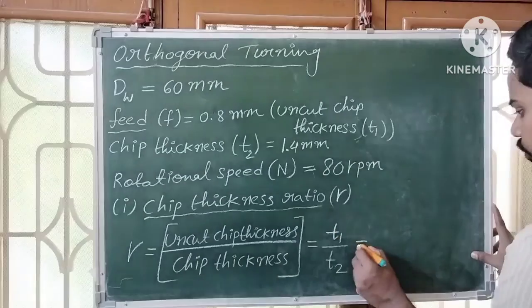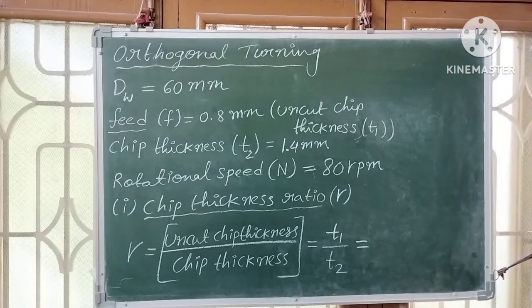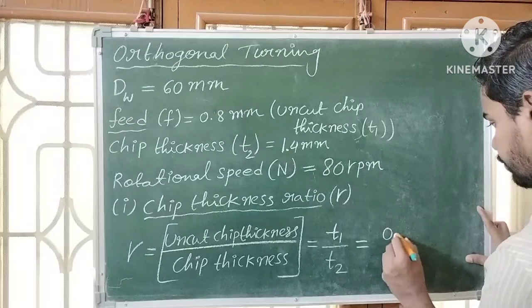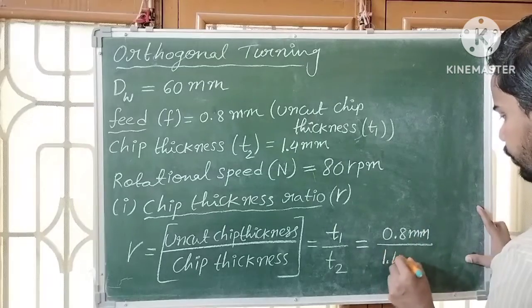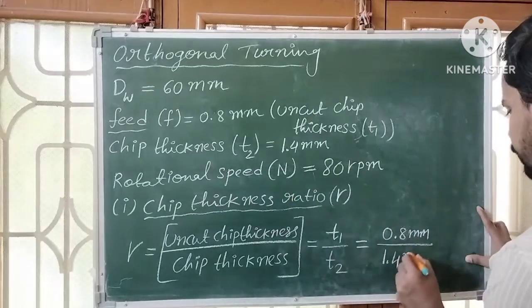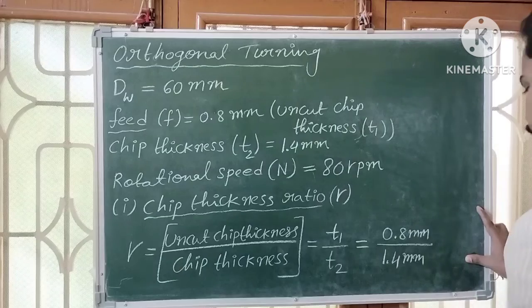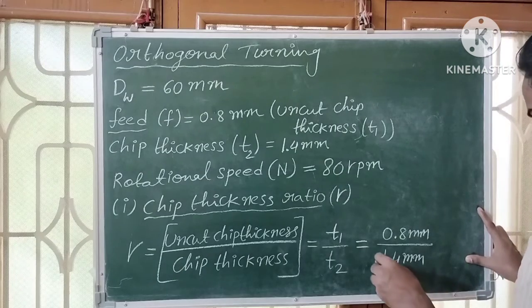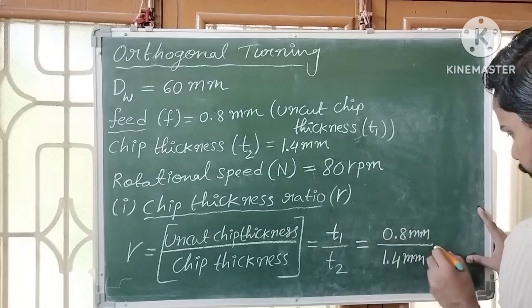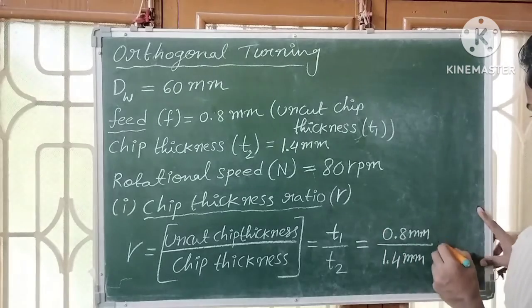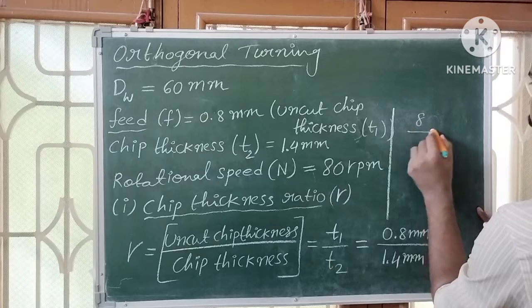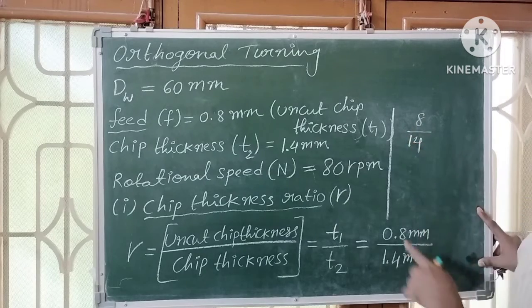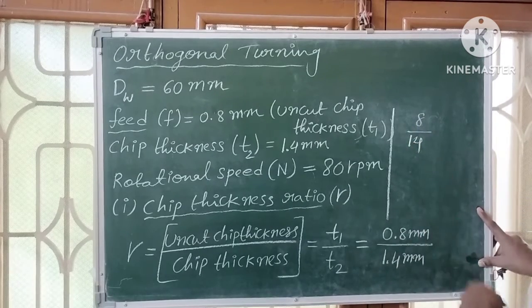T1 is the feed, 0.8 mm, by T2, 1.4 mm chip thickness. So 0.8 by 1.4 can be written as 8 by 14.